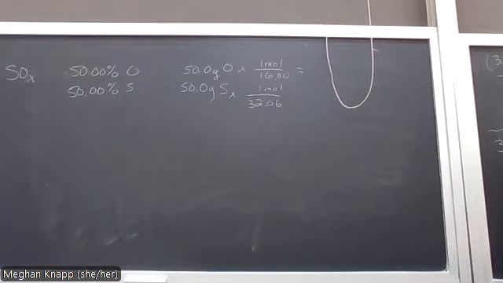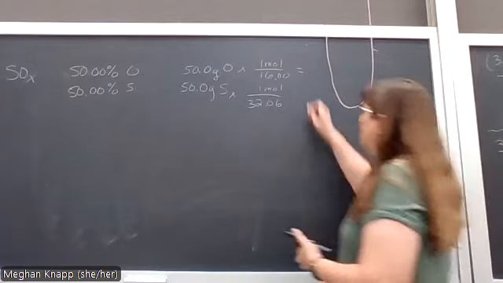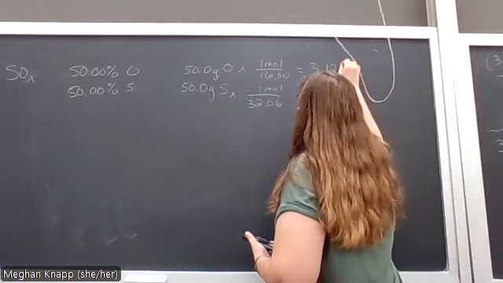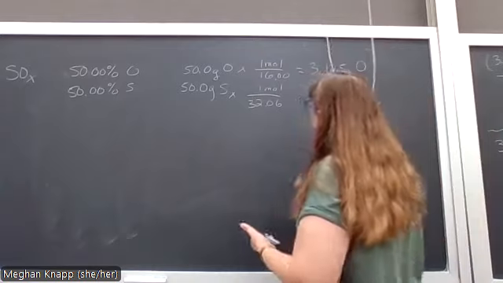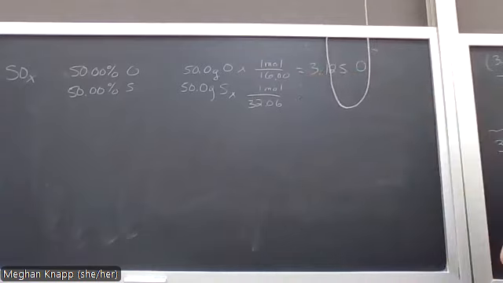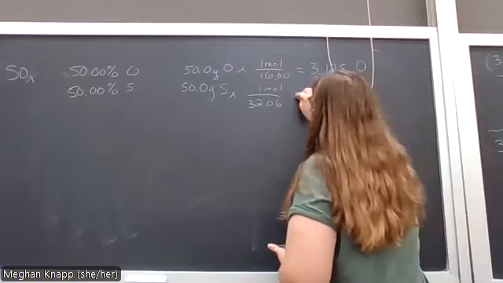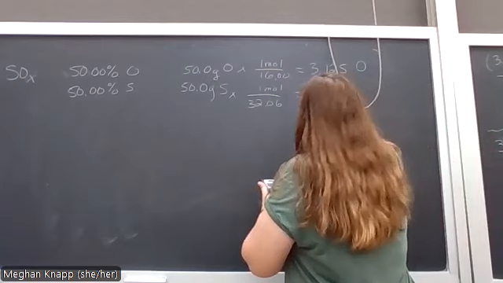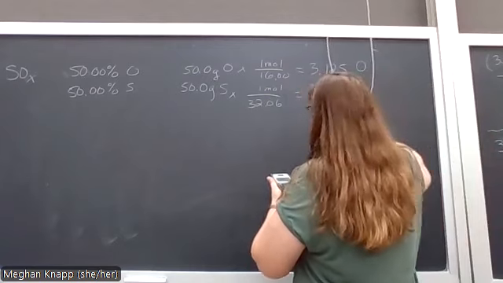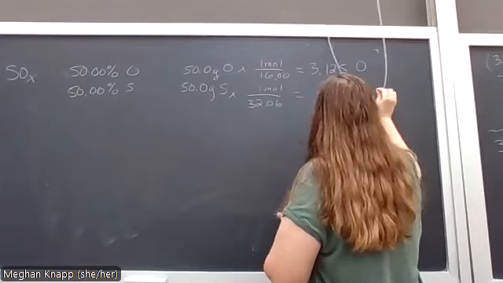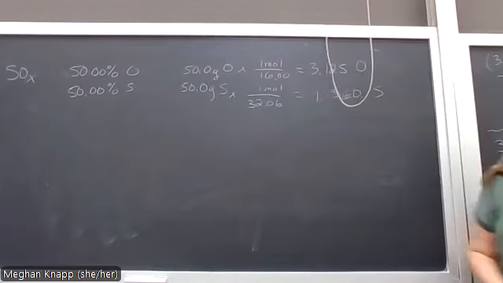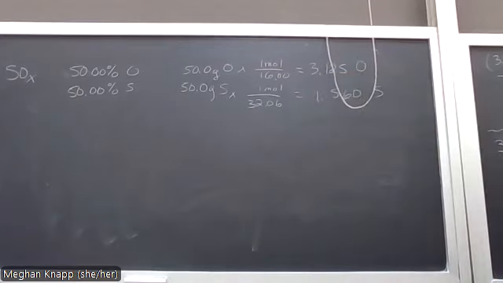So 50 divided by 16 gives us 3.125. And then 50 divided by 32.06 gives us 1.560 for the sulfur. And then what do we do at this point? We want a ratio of those elements.